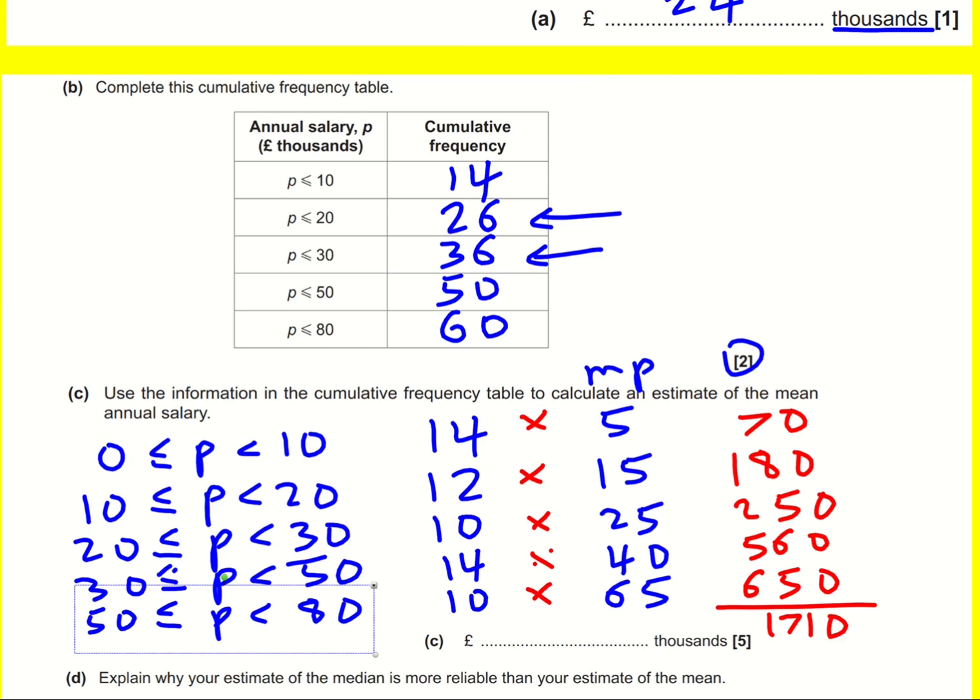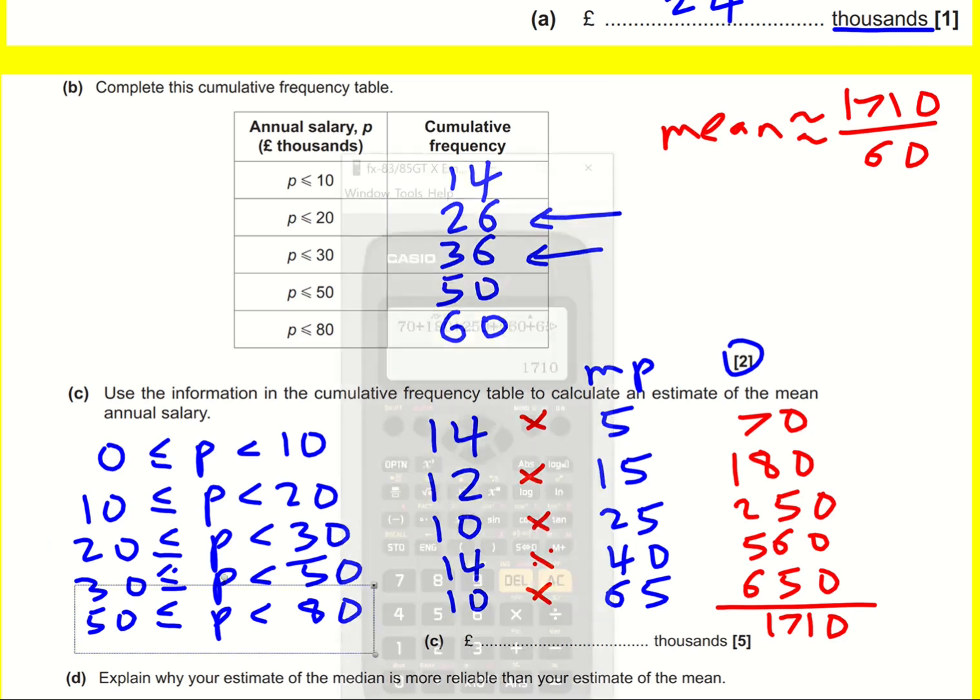And finally, to estimate the mean, it's going to be that total amount divided by the number of people, which was 60. And I'm expecting to get a value around about 30, maybe a bit more.